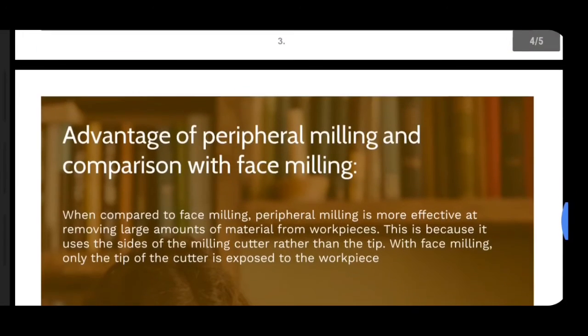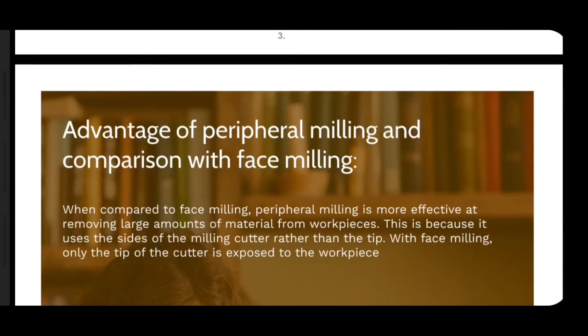Okay, next we go to the advantage of peripheral milling in comparison with face milling. Face milling and peripheral milling are not the same because peripheral works parallel with the workpiece, but face milling is perpendicular with the workpiece.